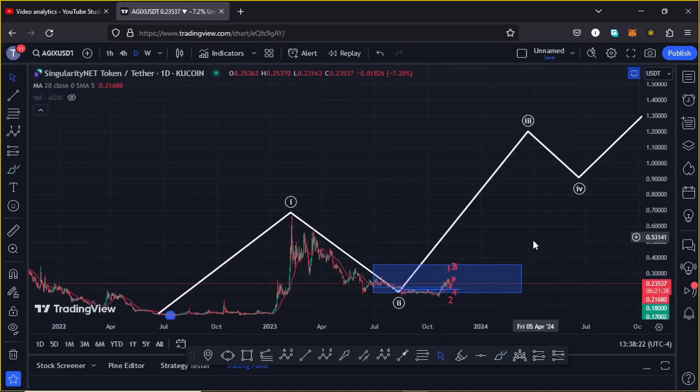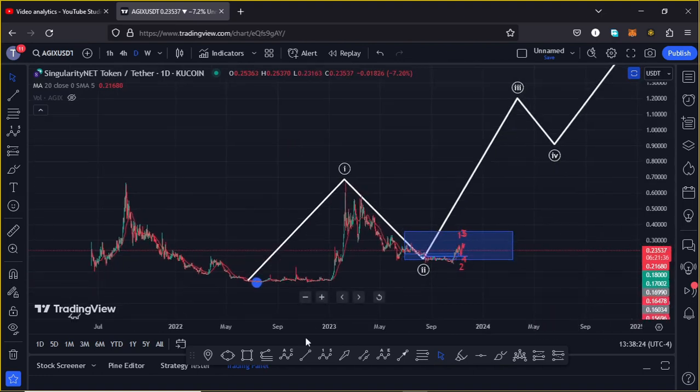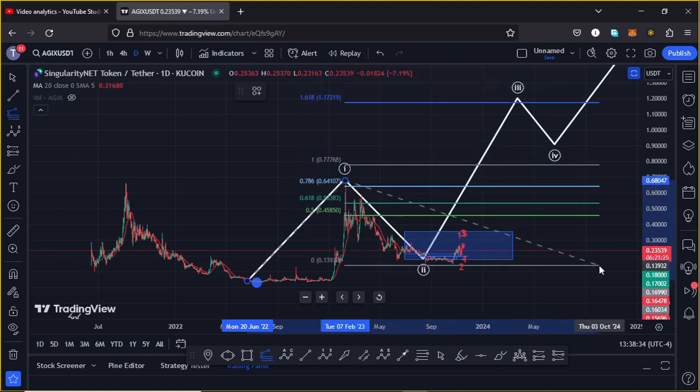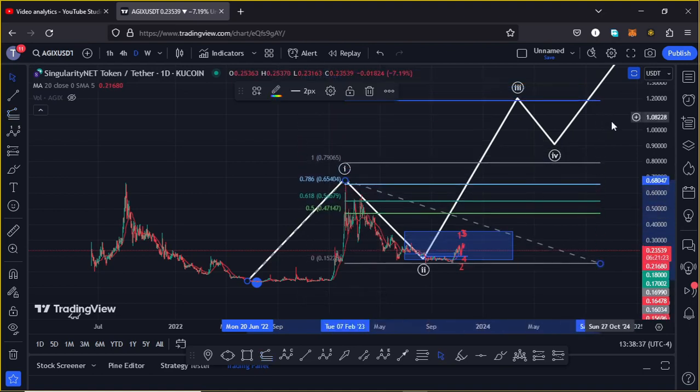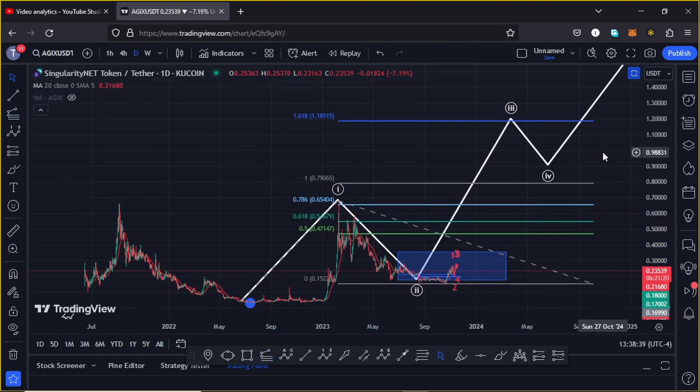And the minimum target areas for the third wave can be given by connecting the trend-based Fibonacci from the low of the first wave to the high of that wave 1, then dragging the fibs to the low of the second wave, giving me a minimum target area at the fib level 1.618, and that is above the $1.18515 mark, which is the minimum that we can expect that wave 3 to the upper side to do. And that is what I'm expecting AGIX to do once the bull market is here in the formation of that wave 3.